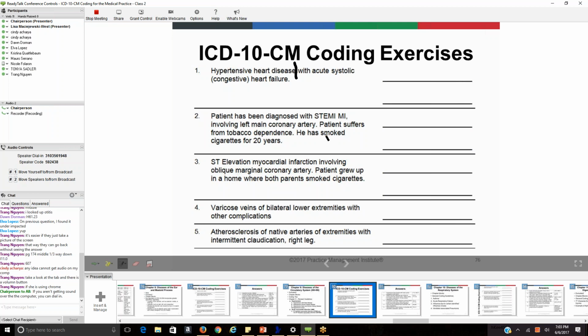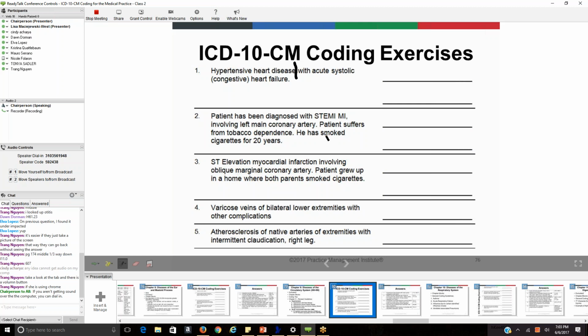And then we have further on down ST elevation, STEMI, I21.3. And then we have involving, going on down, the left main coronary artery, I21.01.